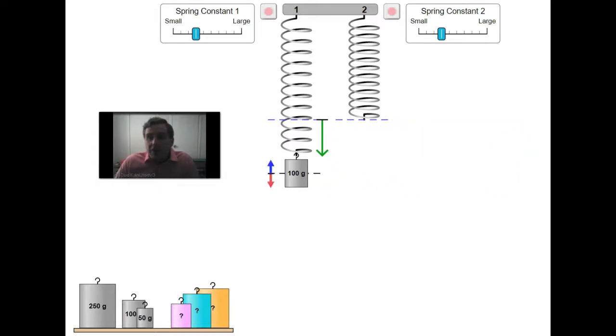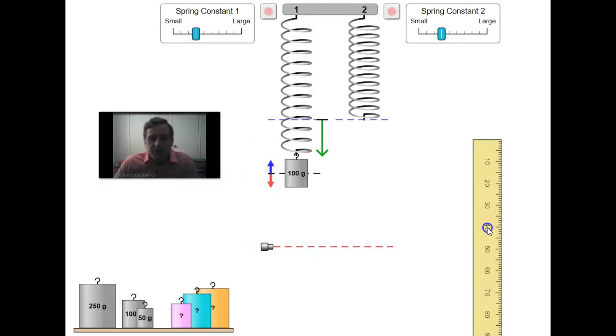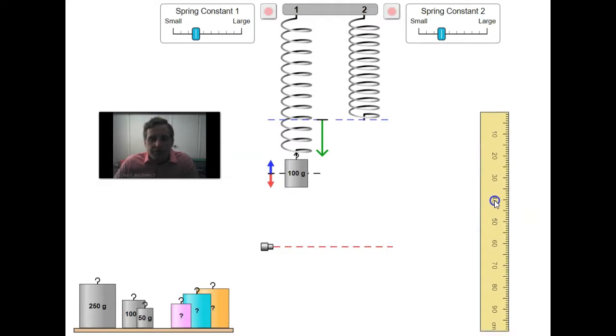We can look at the displacement from the natural length, that's what's shown here in green. The equilibrium point for the mass, that's the black line here. And again, we can bring out this movable line to help us make some measurements. We can also bring out the ruler again. So here's the ruler if we need it.